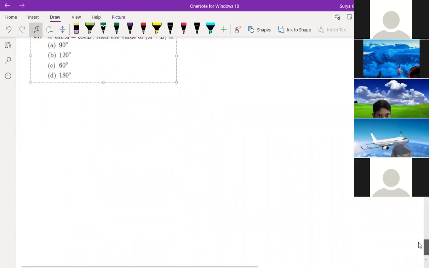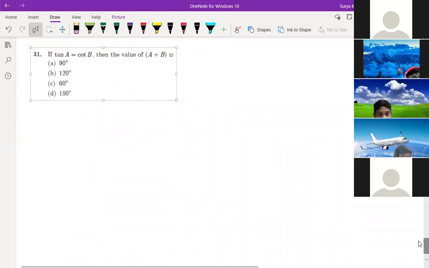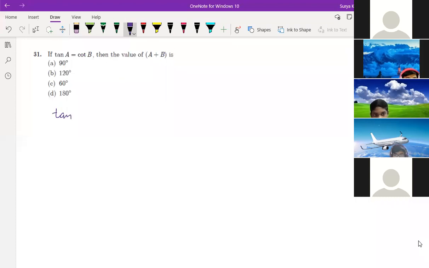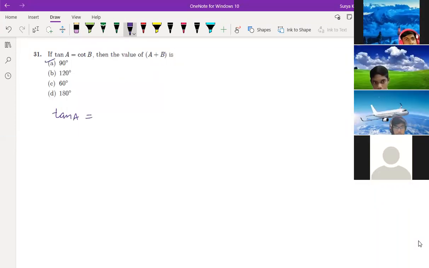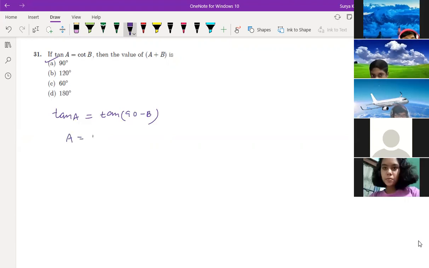90. Wait, 90. One second. Sir, A is the answer. Yes, A only, right? 90. So tan A is equal to tan of 90 minus B. Tan of 90 minus theta is cot theta, right? So A is equal to 90 minus B. So A plus B is equal to 90 degrees.